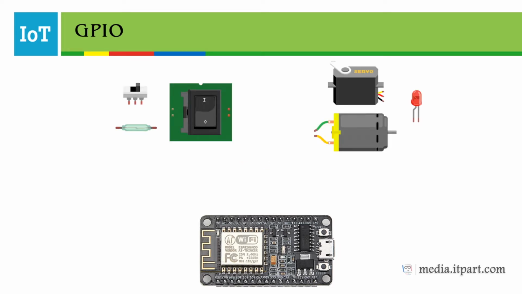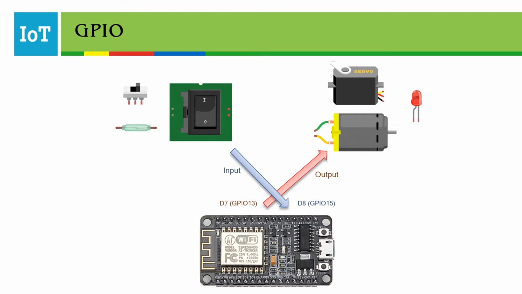Another example, you can use GPIO D7 to read sensors and use GPIO D8 to control things. Or you can switch, using GPIO D8 to read sensors and GPIO D7 to control things. This is a feature of GPIO. You can assign each pin as an input or output.